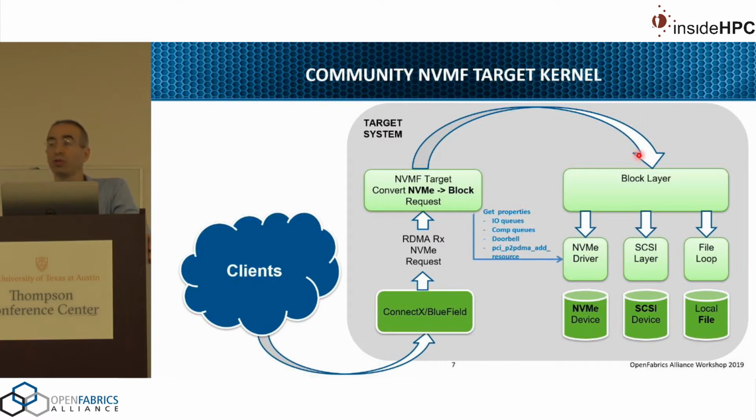It is using the block layer to actually map the storage device. And the block layer can support any device. It can be an NVMe device actually. It can be just any SCSI device. It can be a local file, or it can be also a remote device that is exposed as a block device. Of course, the NVMe mapping is the most efficient, and this is where we propose to do the offload whenever there is an NVMe to NVMe connectivity.